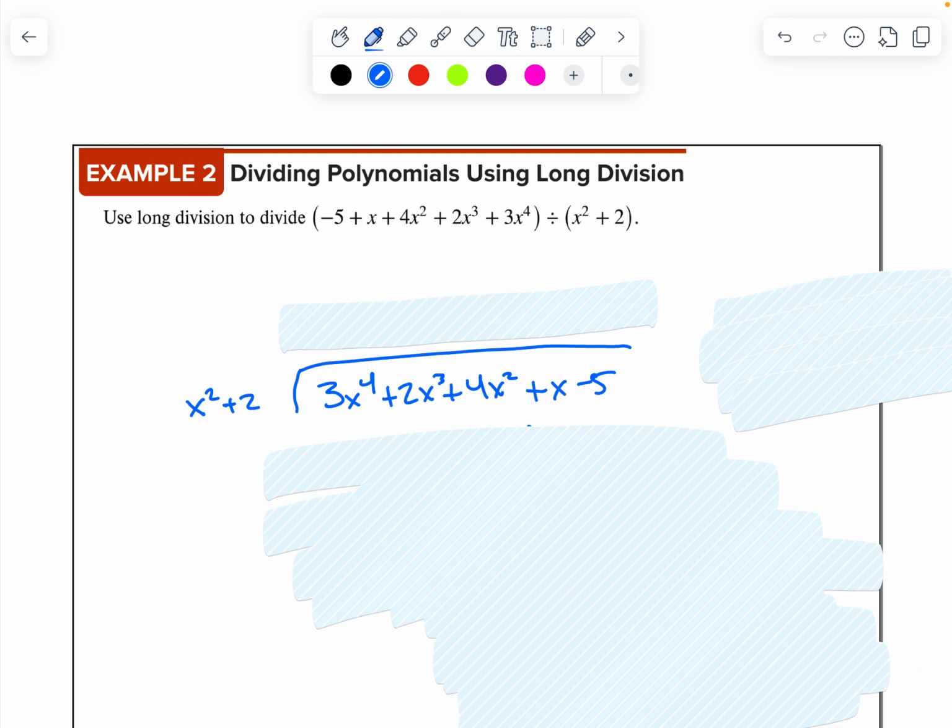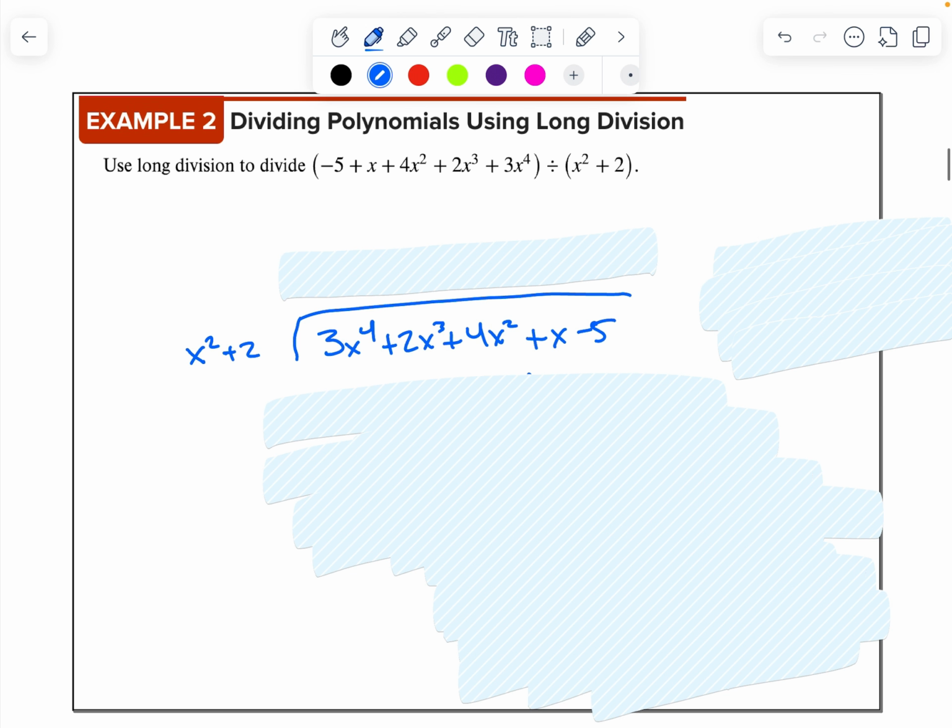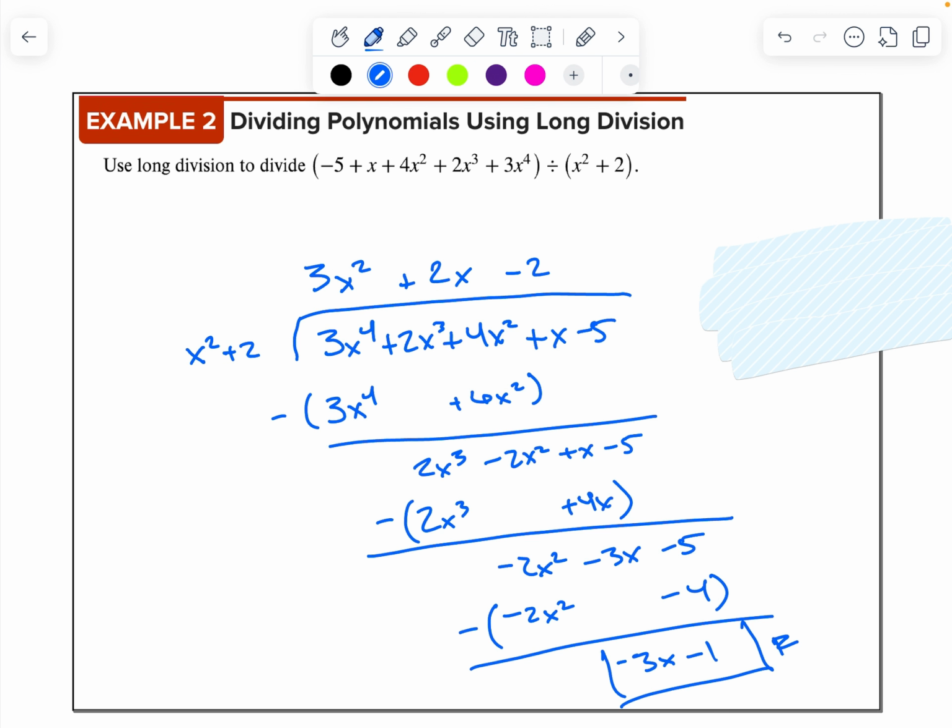Here's another long division problem. I would pause the video here, see if you can work your way through and get the answer. I'm going to erase my work now so you can see. Remember, the answer is quotient plus remainder over divisor.